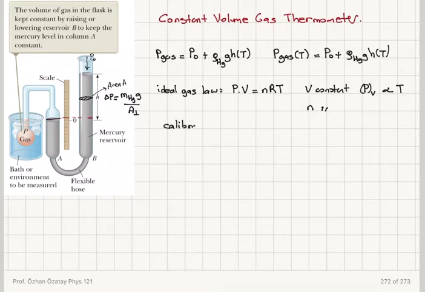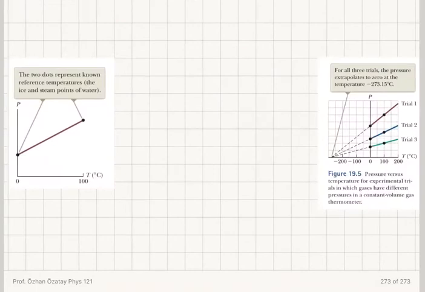And this one is also calibrated at icy water. In icy water, we have 0 degrees Celsius, and in boiling water we have 100 degrees Celsius.